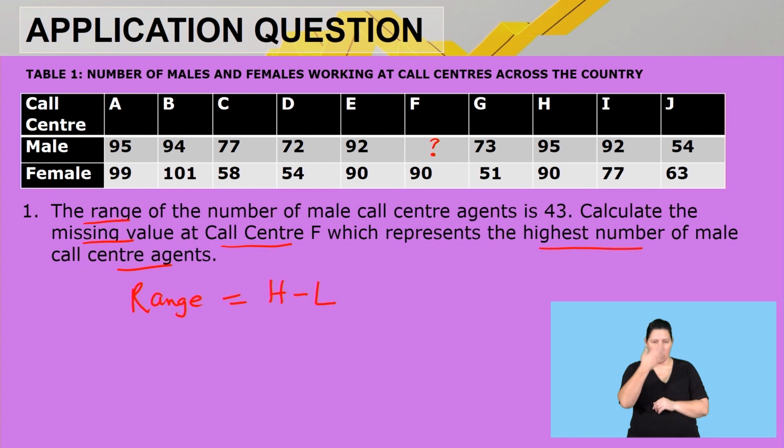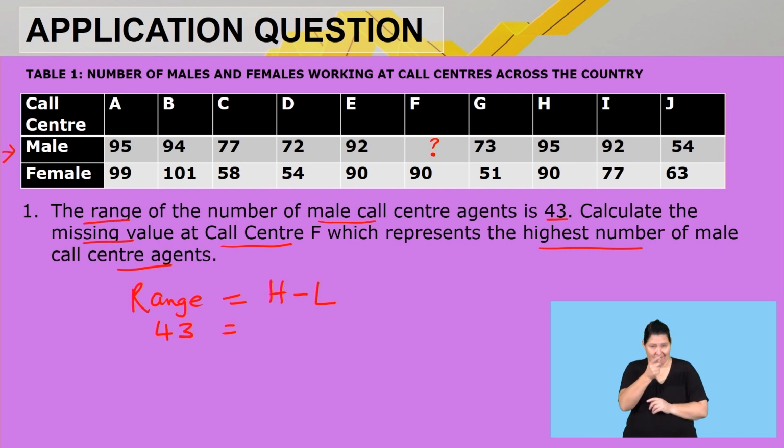Right, so based on the context, what do I know? I know that the range of the number of male call center agents is 43. So therefore, I'm going to substitute by saying the range equals 43. Right? Now, what else do I know? Remember we are working with the males, not the females.